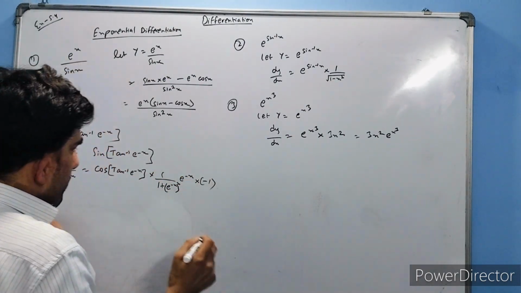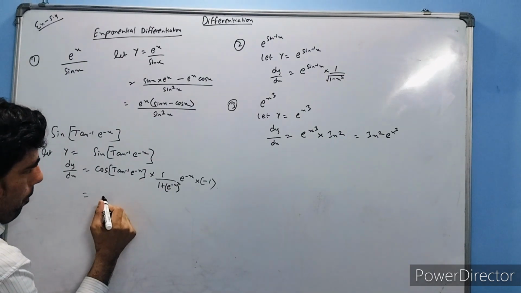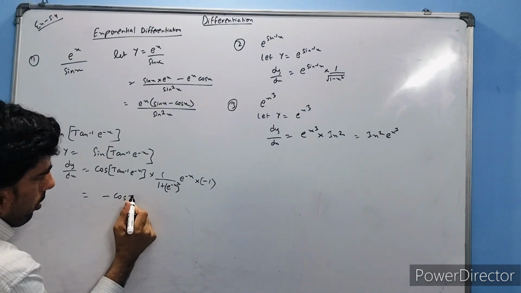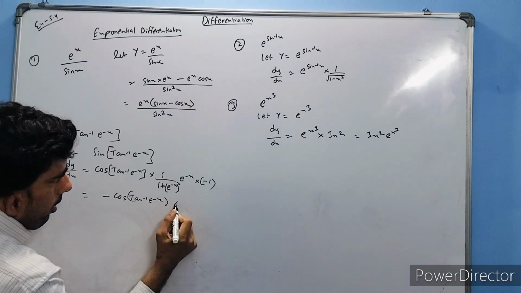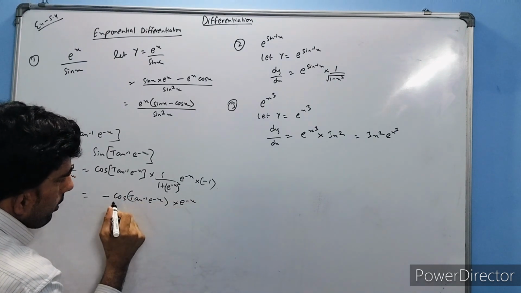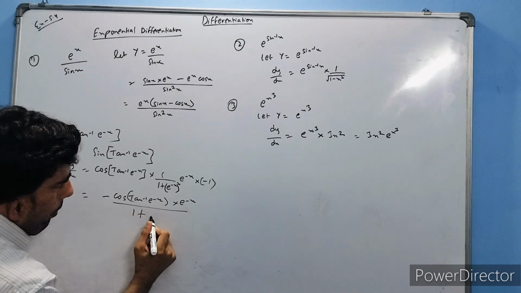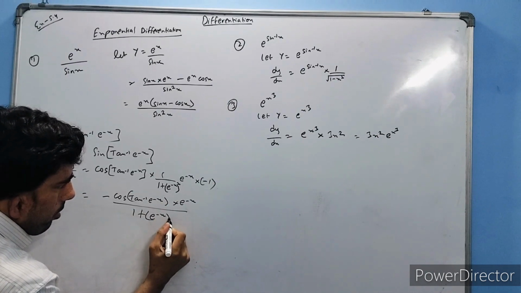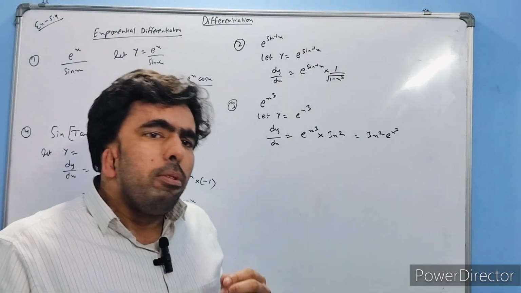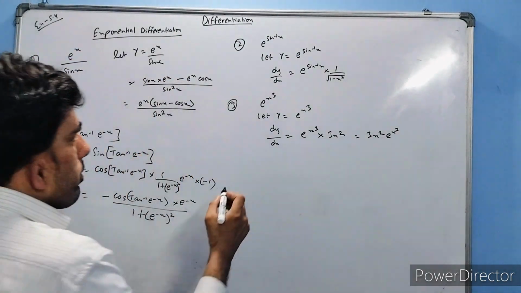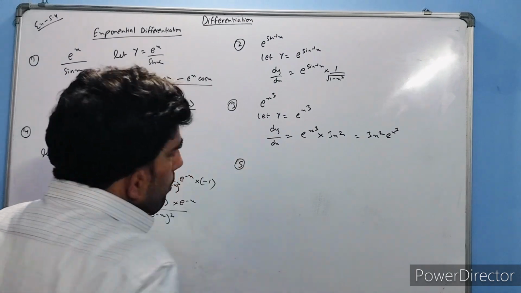So we can write minus cos tan inverse e raised to power minus x into e raised to power minus x upon 1 plus e raised to power minus x whole square. Okay, so we have just solved 4. Now let us try to solve the fifth one.